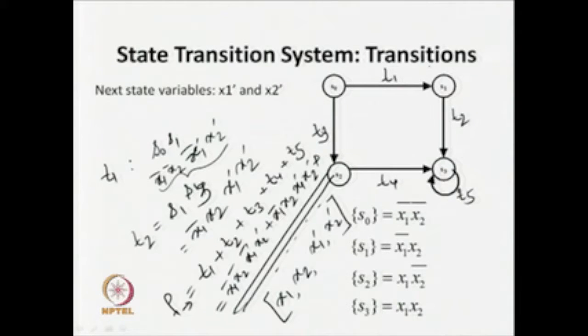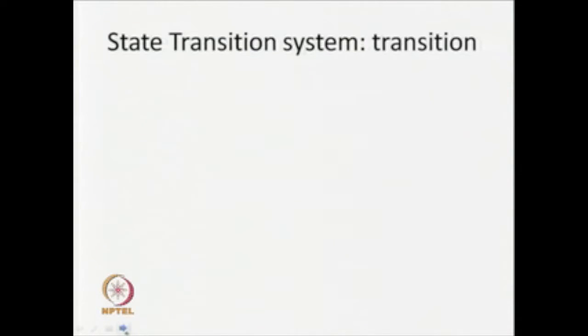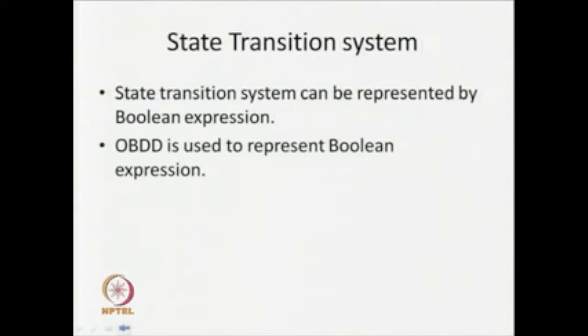After that, if we apply the reduce algorithm to those ordered BDDs, we are going to get ROBDDs of that transition system. That means ROBDD can be used to represent the state transition diagram. So, that is why we are saying that a state transition system can be represented by a Boolean expression.